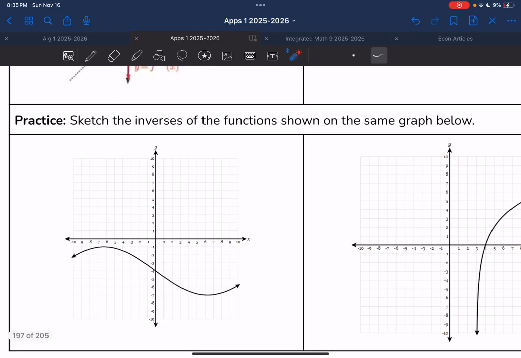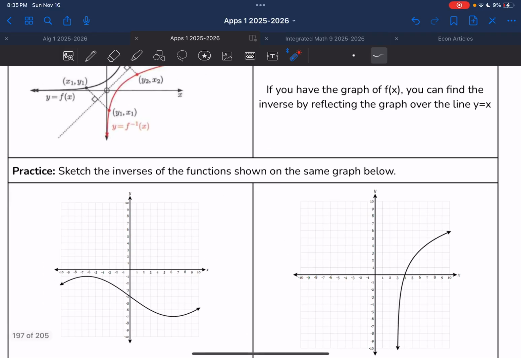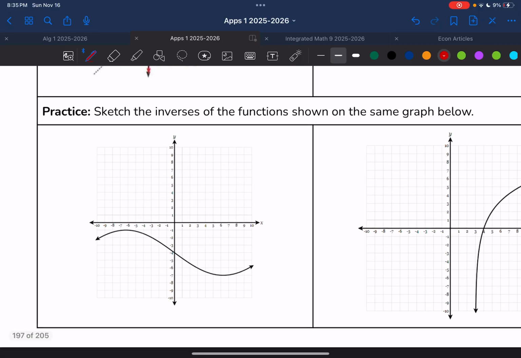So let's see what that looks like for these two functions down here. So I'm going to draw the line y equals x in like this. I'm going to draw the inverse function by kind of mirroring this over the line y equals x. So the inverse, it doesn't have to be perfect, is going to look something like that.